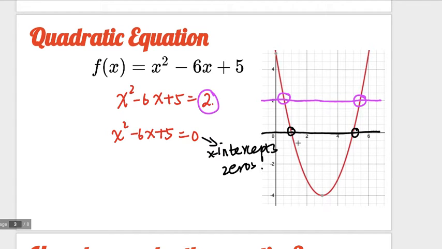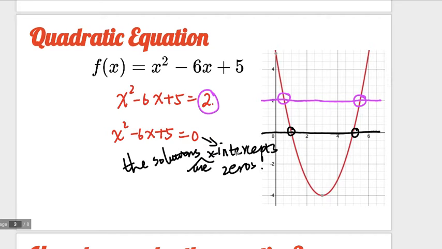This is exactly why we call them zeros, because when y equals 0, the solutions are the x-intercepts.